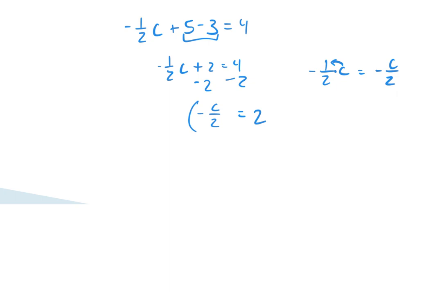So I'm going to multiply both sides of the equation by a -2. And what this is going to do is cancel out the 2 and the negative sign in the denominator on this half. And when I multiply it over here, all right, -2 times 2 is -4. And now I'm left with c is equal to -4.